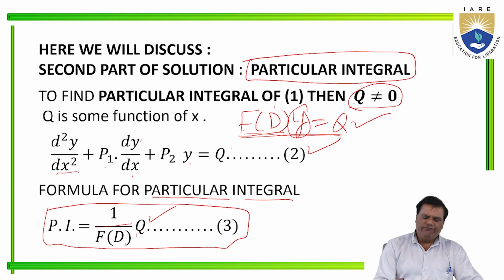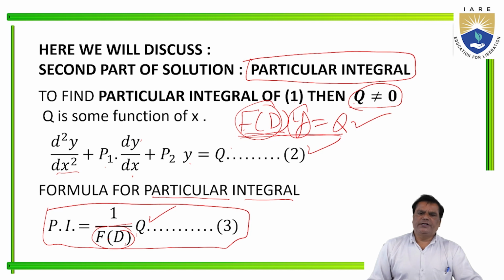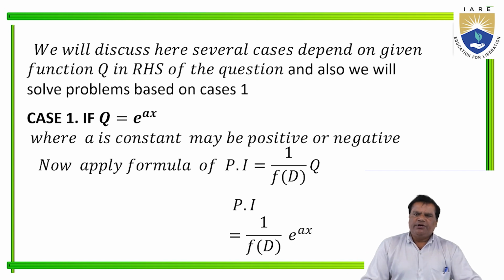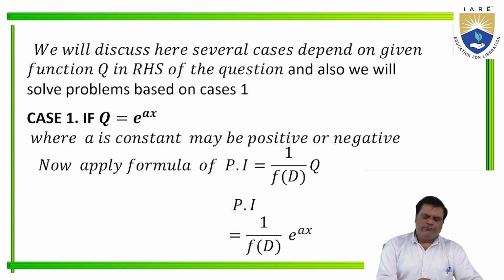So f(D) is a function of D. We take it in the denominator of the particular integral. The numerator is 1 and q is the function of x. This q function is operated on by the differential operator. This is equation 3. We will discuss several cases depending on the given function q on the RHS of the question, and we also solve problems based on case 1.